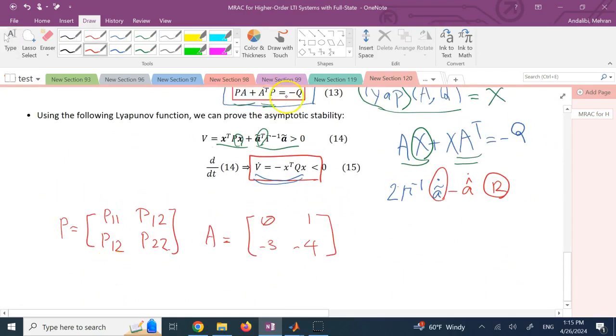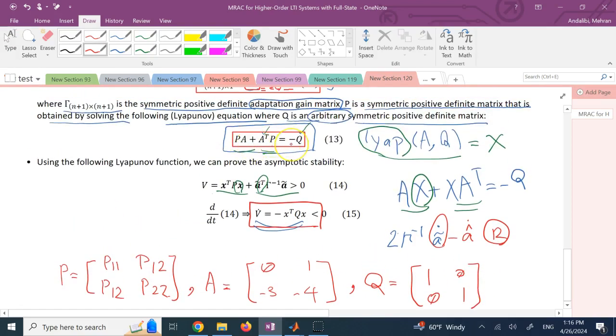Okay, and for Q, it's under your control. In this case, I pick Q to be the identity matrix, as long as it's symmetric, positive definite. So I'm going to pick this. And now I'm going to solve for what? For the equation 13. And you can do it in MATLAB, you can do it by hand.